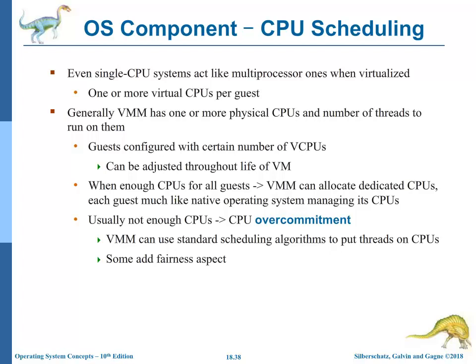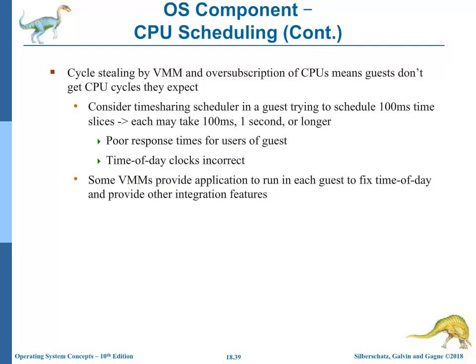So a VMM here can use standard scheduling algorithms to make progress on each thread, but can also add a fairness aspect to those algorithms. Consider a time-sharing operating system that tries to allot 100 milliseconds to each time slice to give users a reasonable response time.